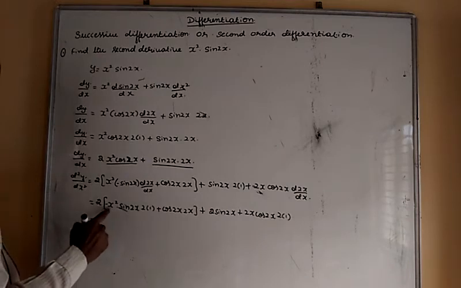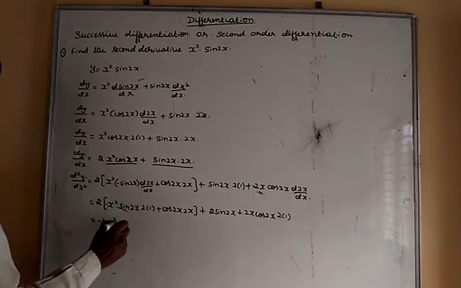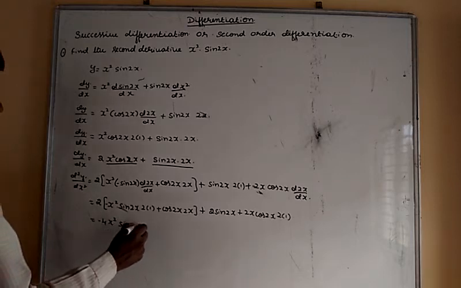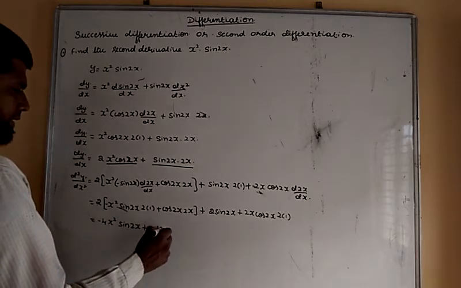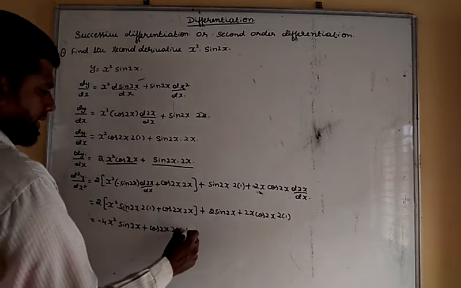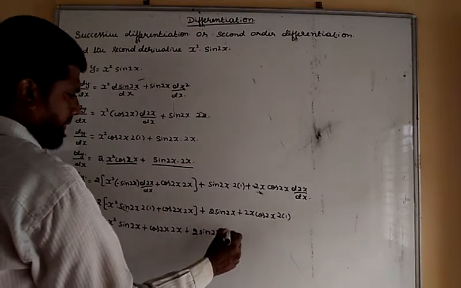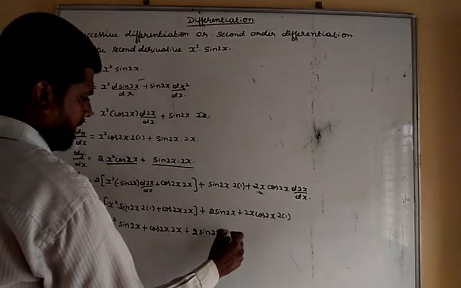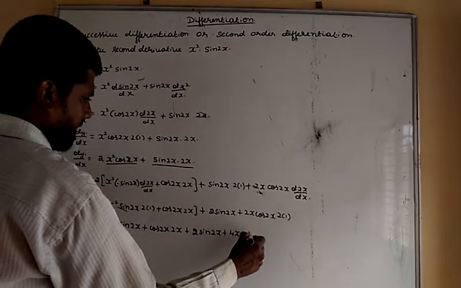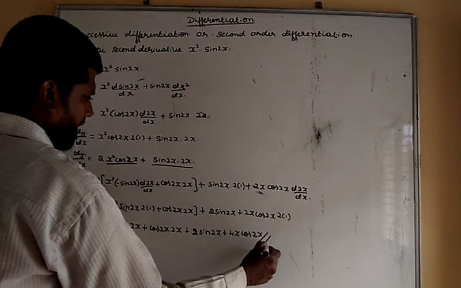If you multiply here, 2 2s are 4, minus 4x square sine 2x, then plus cos 2x into 2x plus 2 sine 2x plus 2 2s are 4, 4x cos 2x. So this is the answer.